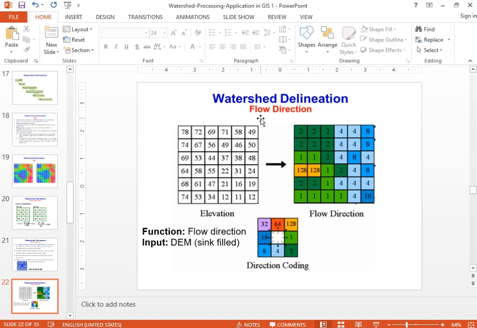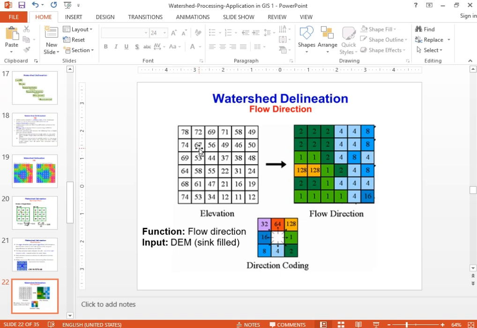So, for instance, let me see this one. For this case, assume the elevation or the DEM data, and we have these values. The elevation at this cell is 78, at this point 74, at this point 72, and at this point 67.